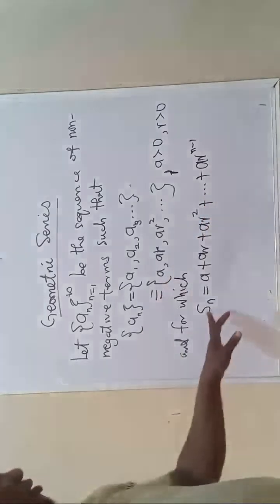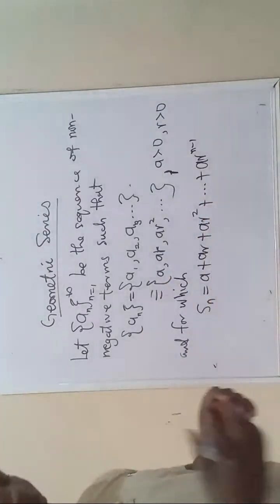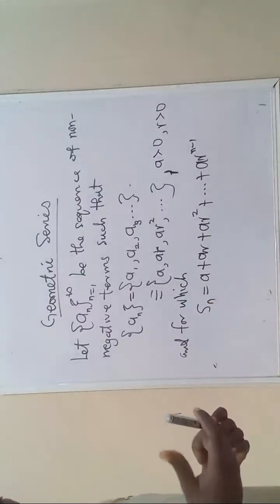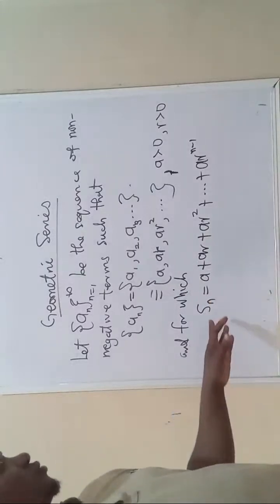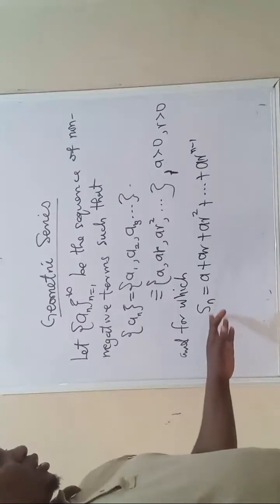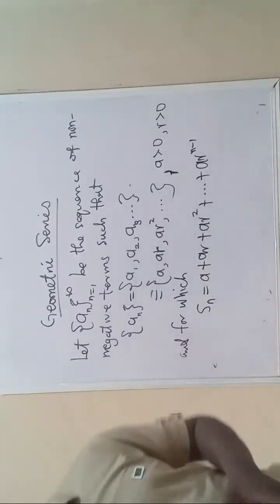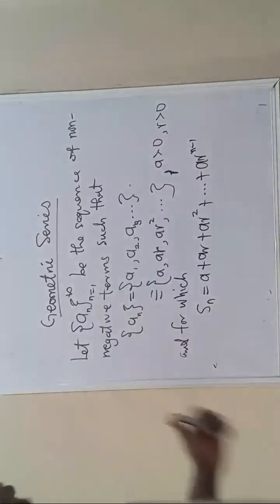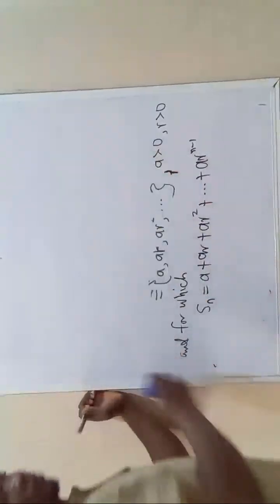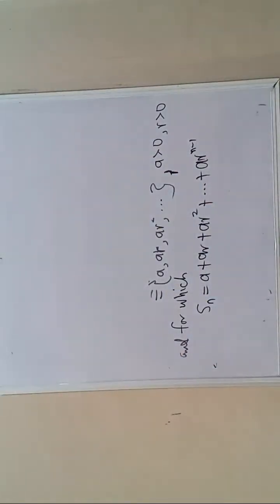So let's see how we can generate a formula for this. Under the geometric series, we can find a formula for finding this in the following way. So we can say that, let's call this equation 1.